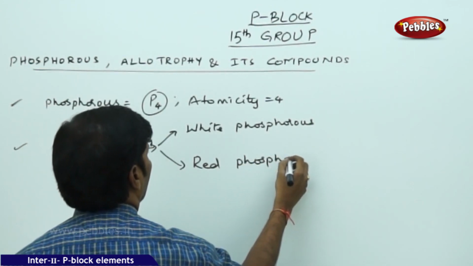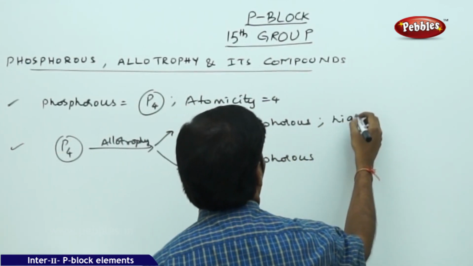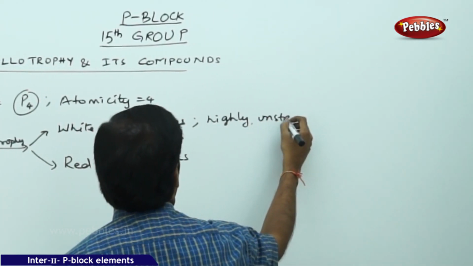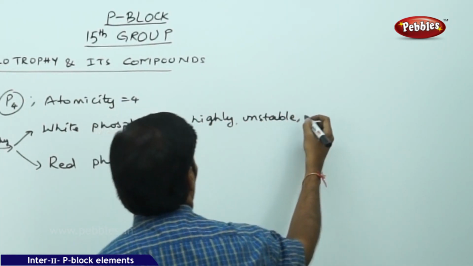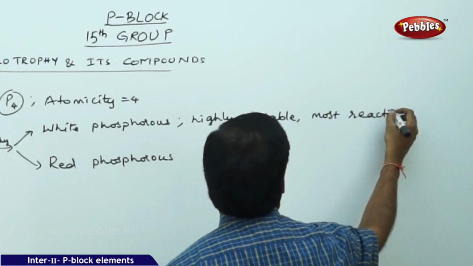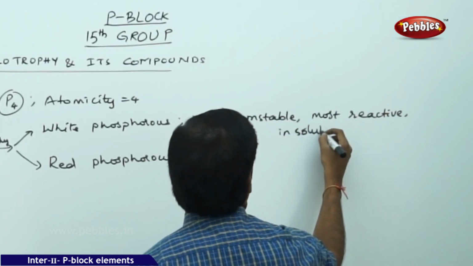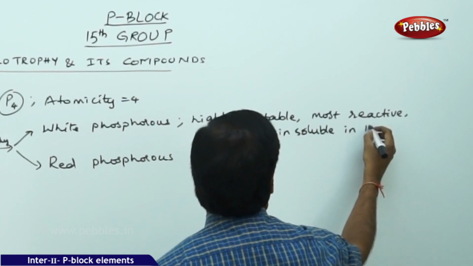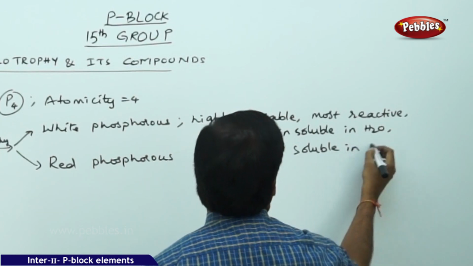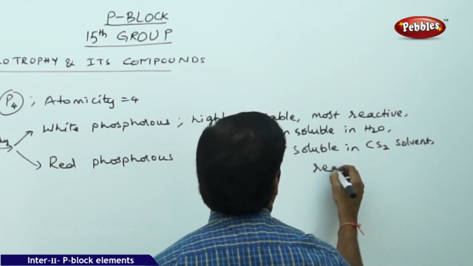White phosphorus is highly unstable, most reactive, insoluble in water but soluble in carbon disulfide solvent, and it readily catches fire.